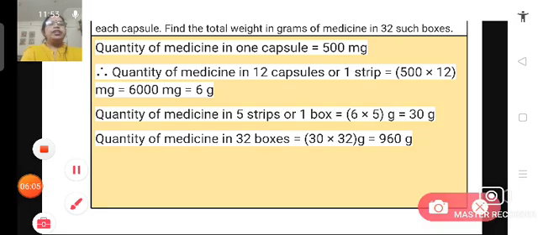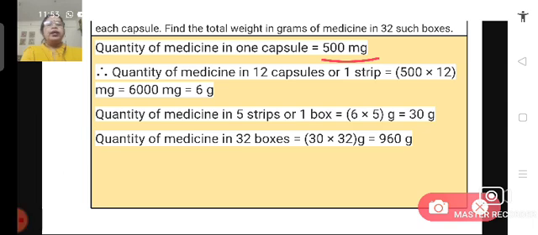The quantity of medicine in one capsule is 500 milligrams. So the quantity of medicine in 12 capsules or in one strip, it will be 500 milligrams multiplied by 12, isn't it? So it will be 6,000 milligrams. 6,000 milligrams is equal to 6 grams.